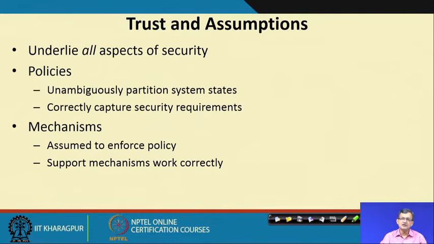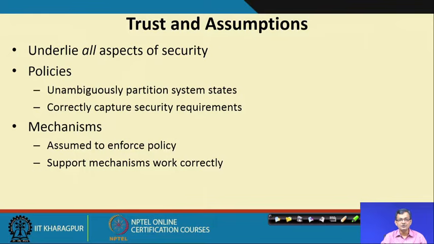Now, another thing comes up: the concept of trust and assumption underlies all aspects of security. Say, if I have a security guard at the entrance of the building, I trust that guard, and I also assume some things, that the attacker is likely to enter through this, and that this category of guard or mechanism is able to solve it.